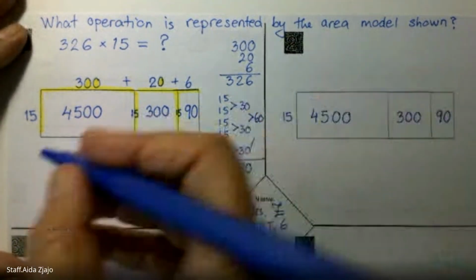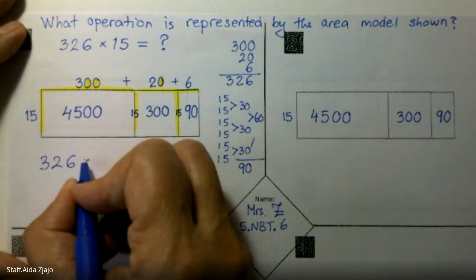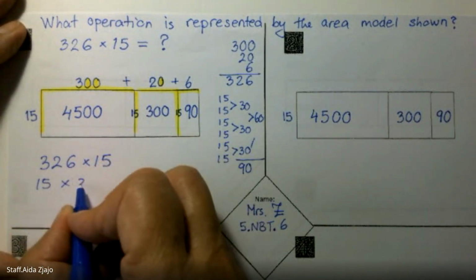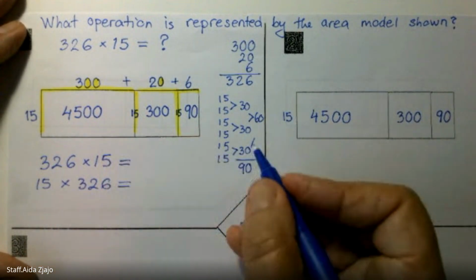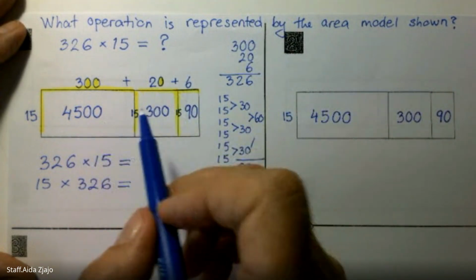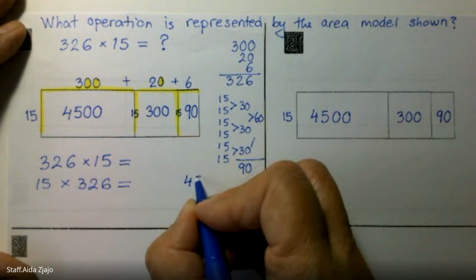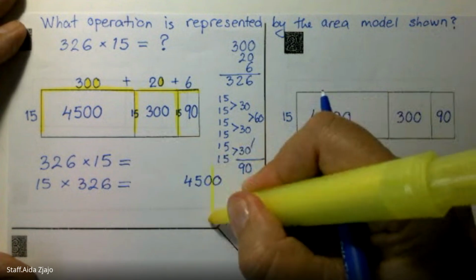So what we need to know now is that 326 times 15, or 15 times 326, is the same as if we add these numbers together. So I'm going to find the row right here, 4,500. I'm going to draw a line through it.